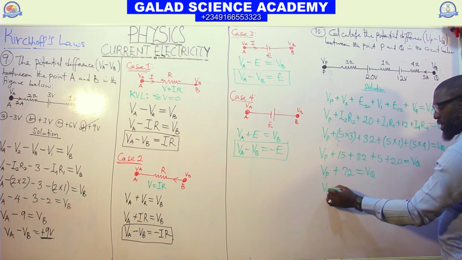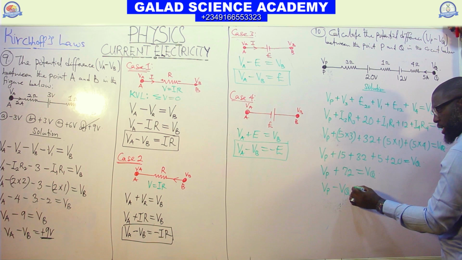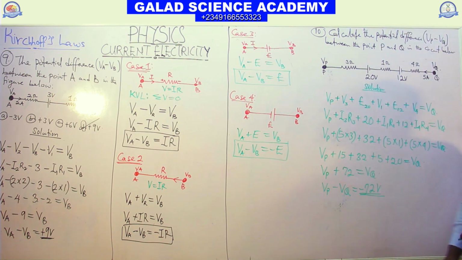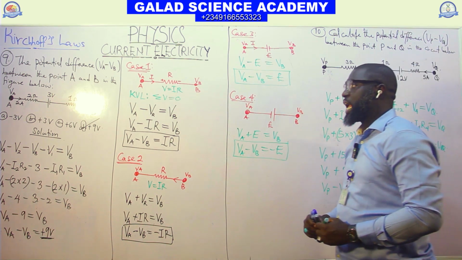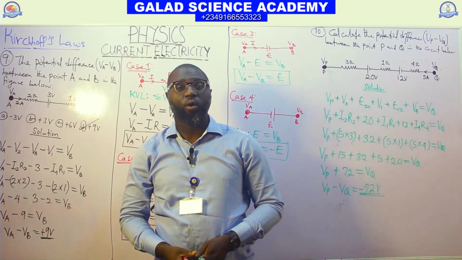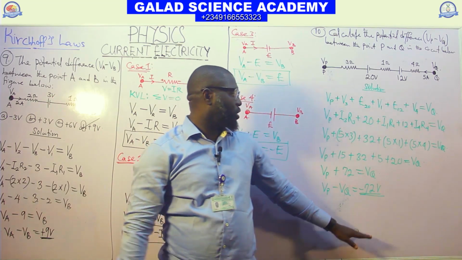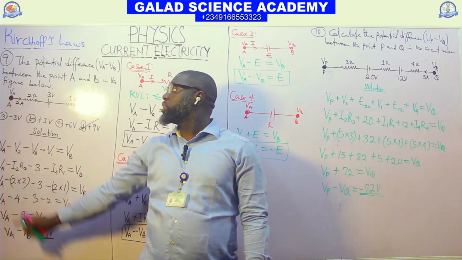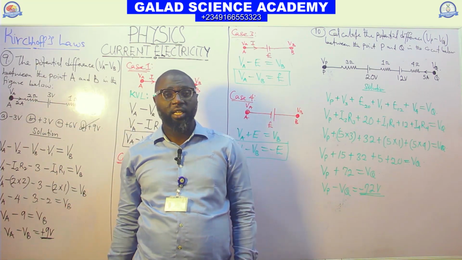Then the potential difference between P and Q equals minus 72. So this is how we solve this kind of question for Kirchhoff's second law. So it's like we are done for Kirchhoff's.